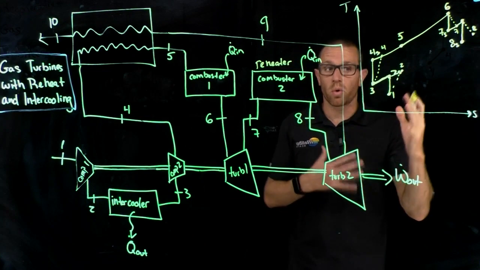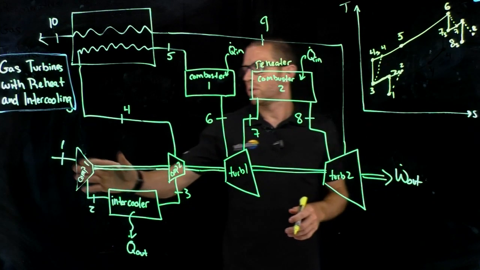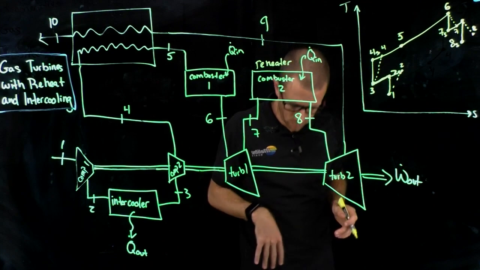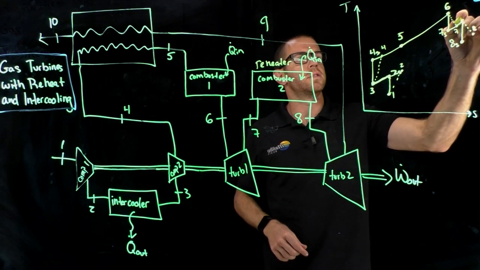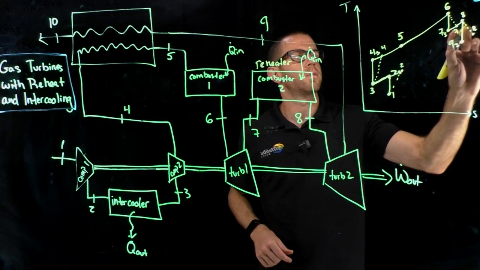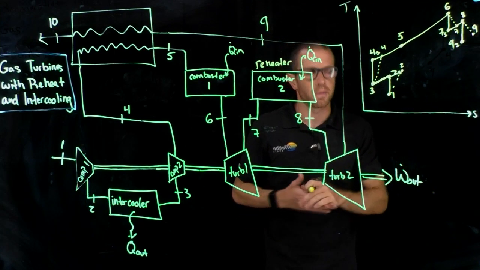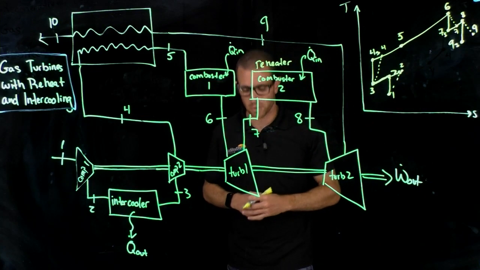And so then from 8 or 8S, I need to get all the way back down to 1 to complete my cycle. So 8 is over here, and then 9 is over here. There we go. That's better. All right. So to get from 9 or 9S, we need to go all the way back down to 1.